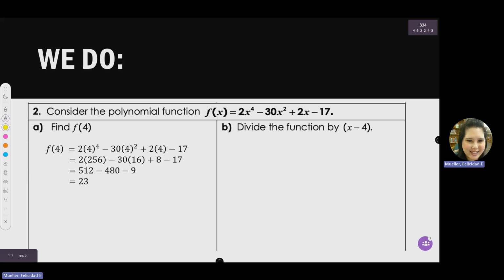So looking at the second one, same thing. If we plugged in that 4, you get all those big numbers and have to combine like terms. We get 23 versus we could have just done 4 and then 2, 0, -30, 2, -17. Ooh, we have a placeholder.